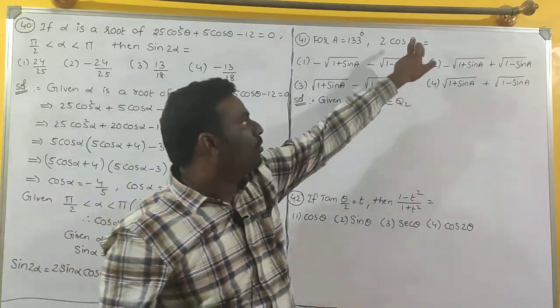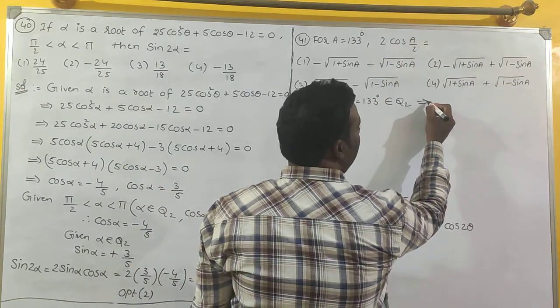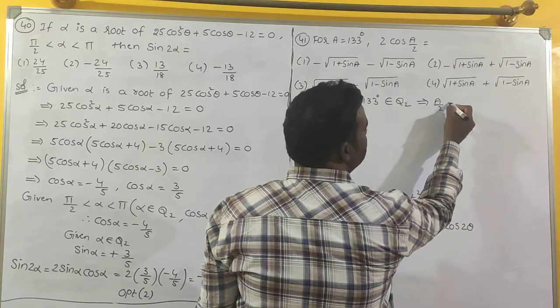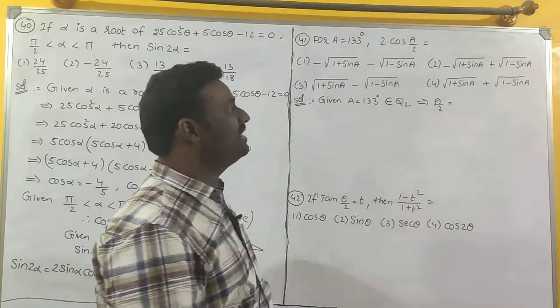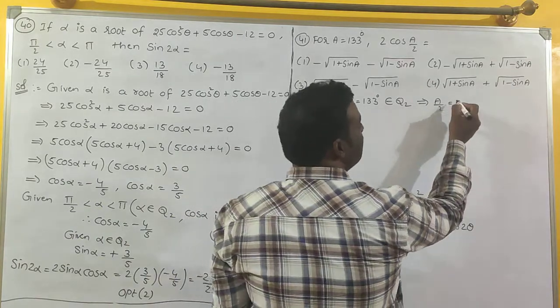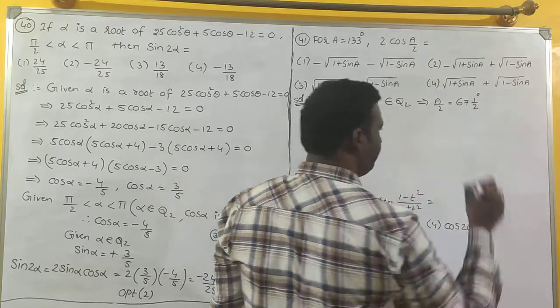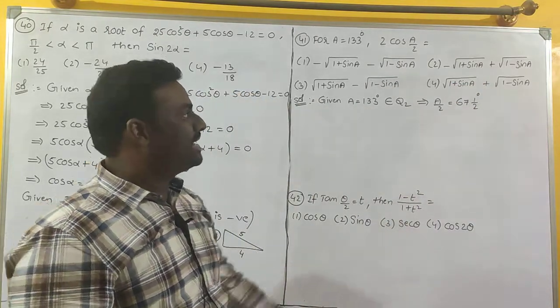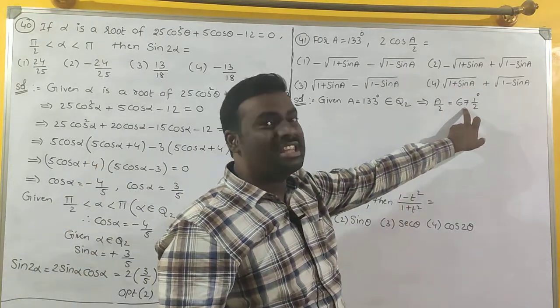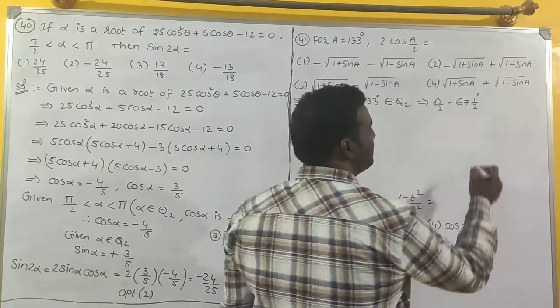But here what we require is A by 2. A by 2 means 133 by 2, that is nothing but 67 and half. 67 and half lies between 0 to 90. 0 to 90 means which quadrant? That is the first quadrant.